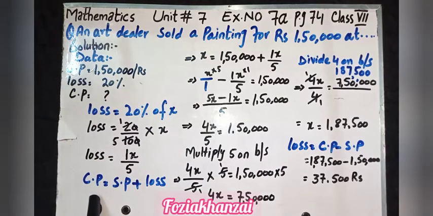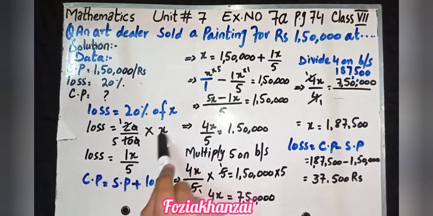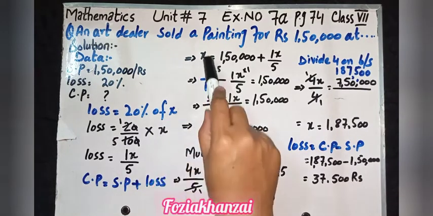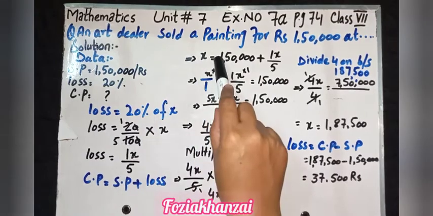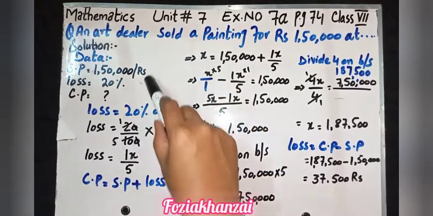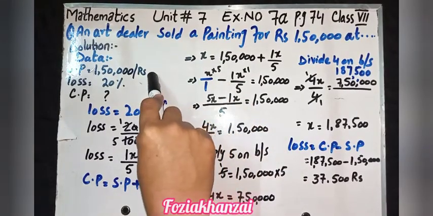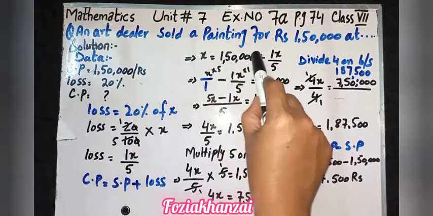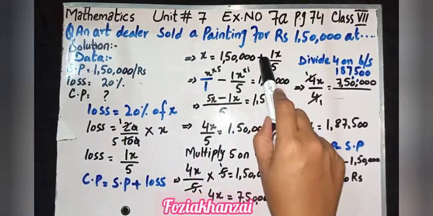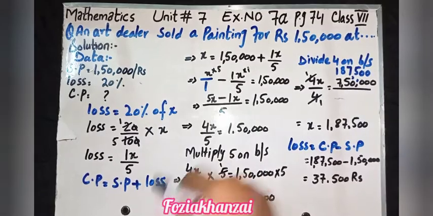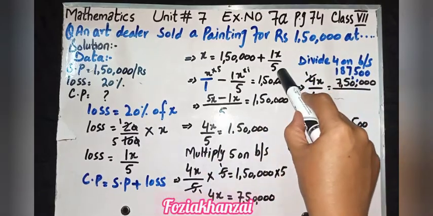Now we apply the formula. Cost price, CP, is equal to SP, selling price, plus loss. According to this formula we put in the values. We don't know the cost price, so we suppose it is x rupees. x is equal to the selling price given in the question, 1,50,000 rupees, plus the loss, x upon 5.